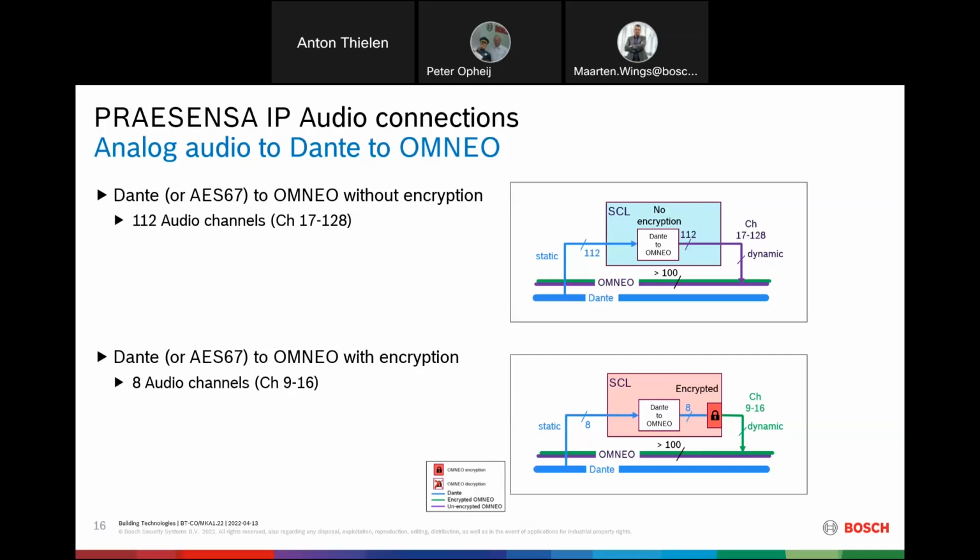So it's really an encryption of the Dante flow in that case. They will put encrypted audio on it, and when you make a call, the receiving amplifiers will get the key for that particular audio call to decrypt the audio. So all the audio goes encrypted over the network.